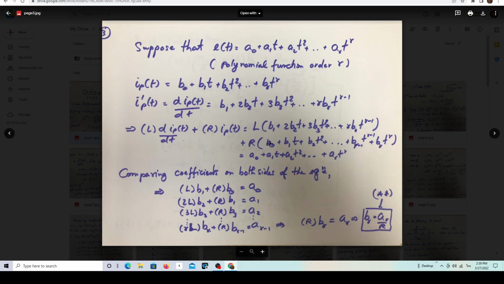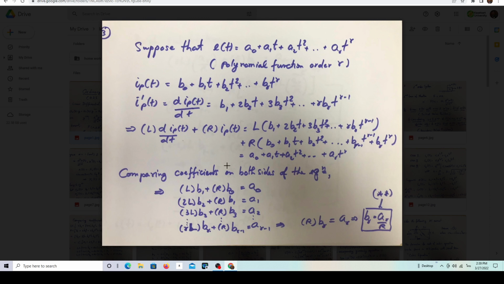And you can see the right hand side, the other parameters a sub 1, a sub 2 up to a sub r are all multiplied by t, t squared, up to t to the r. Only a sub 0 is a term with no multiplication with t, actually times t to the 0. So you can say that L times B sub 1 plus R times B sub 0 has to be equal to A sub 0.